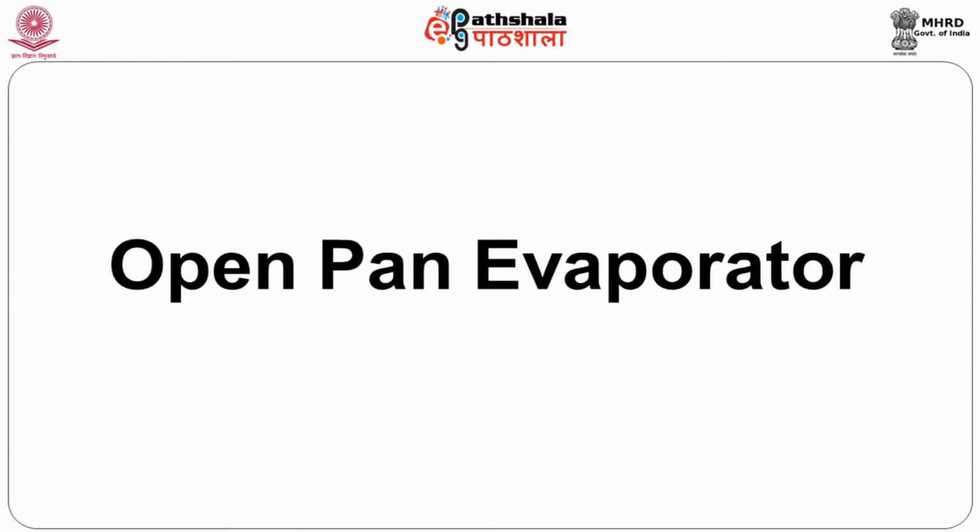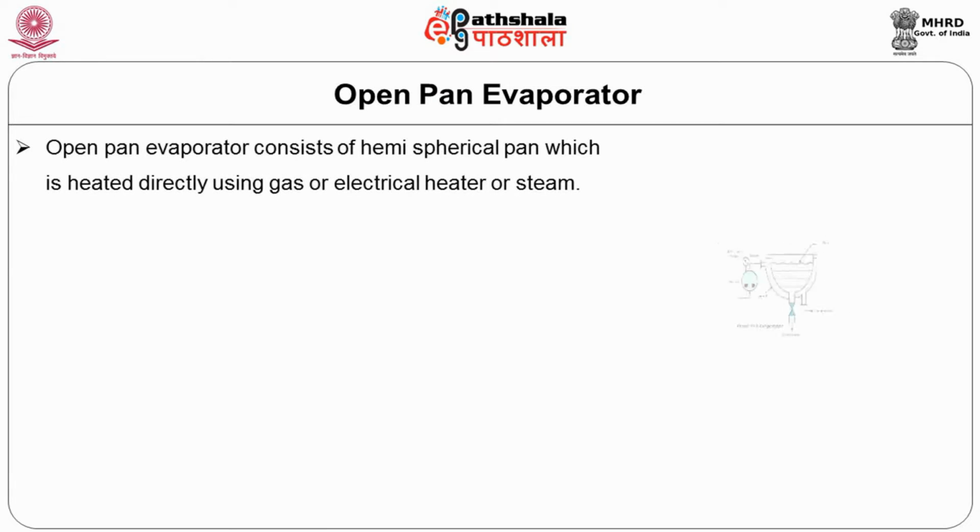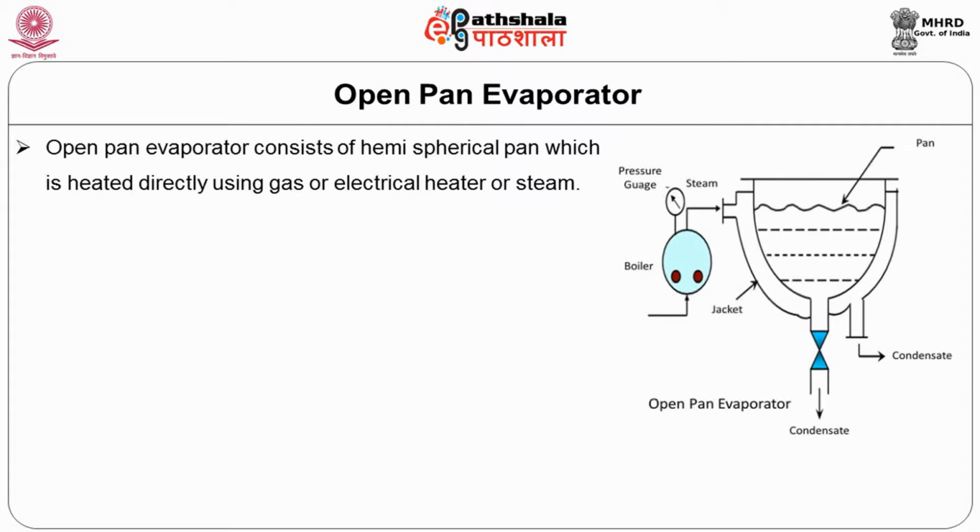Next, open pan evaporator. This is the simplest and oldest type of evaporator used in the food industry. An open pan evaporator consists of a hemispherical pan, which is heated directly using gas, an electric heater, or steam. The pan may be kept open or connected to a vacuum pump.